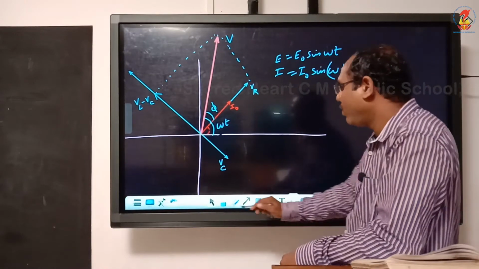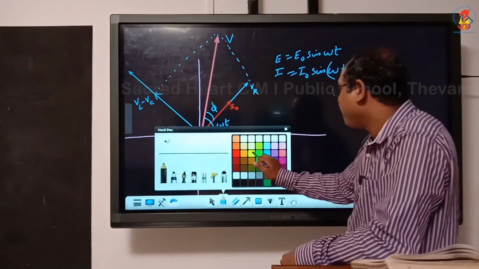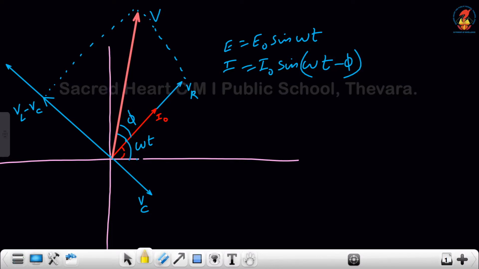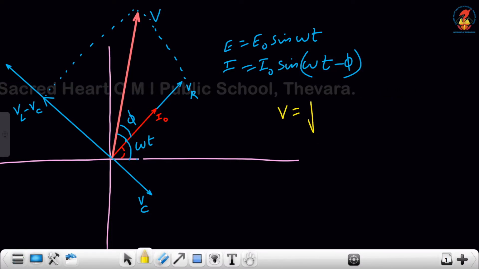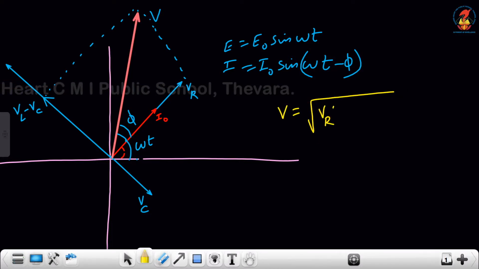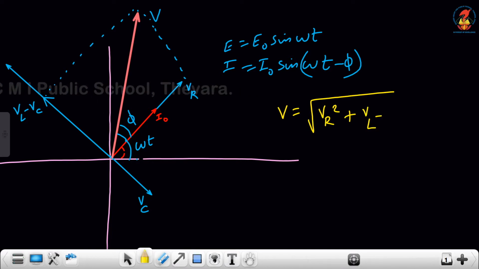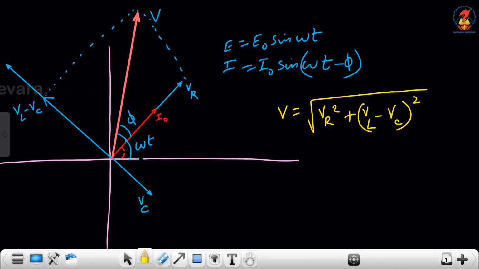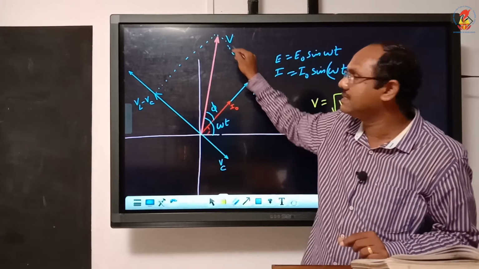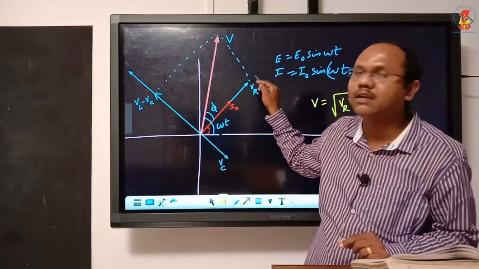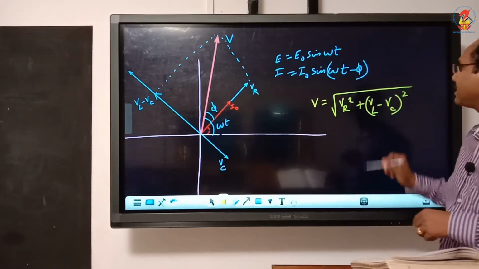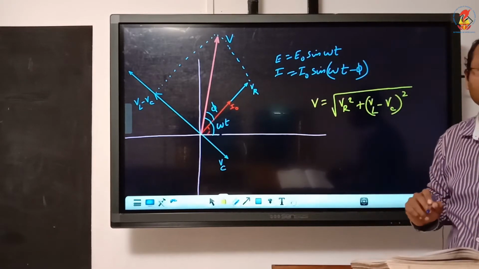The resultant voltage can be given by V is equal to root of VR square plus (VL minus VC) the whole square. Because V is the hypotenuse, this is the base, this is the altitude. This altitude is VL minus VC.